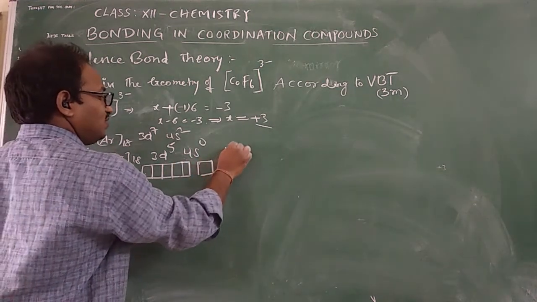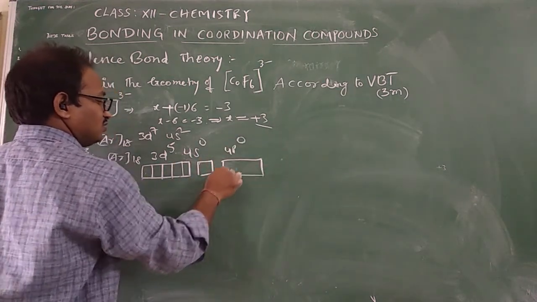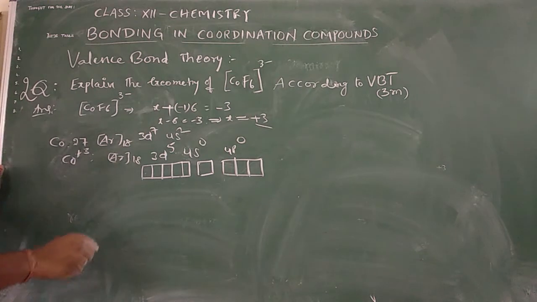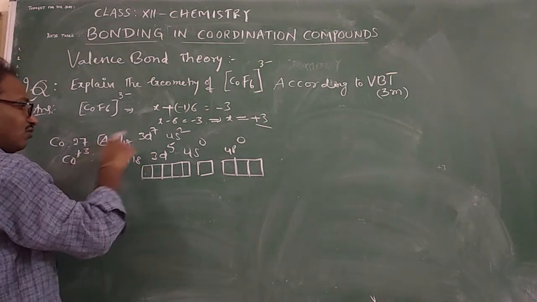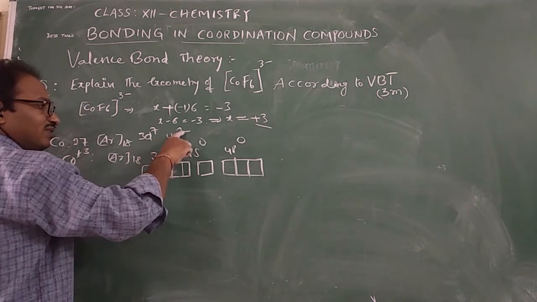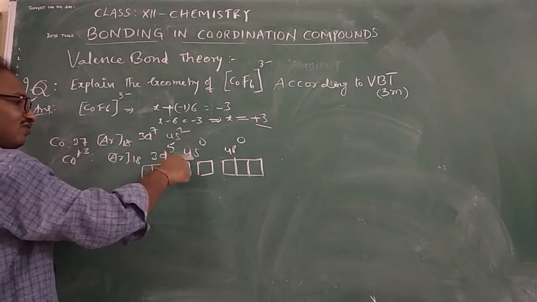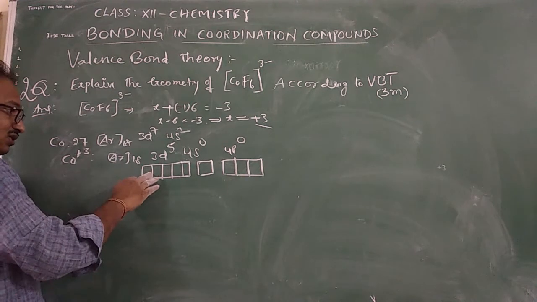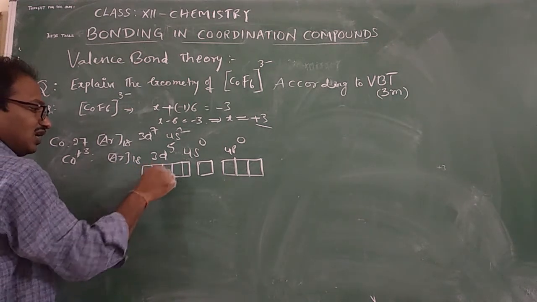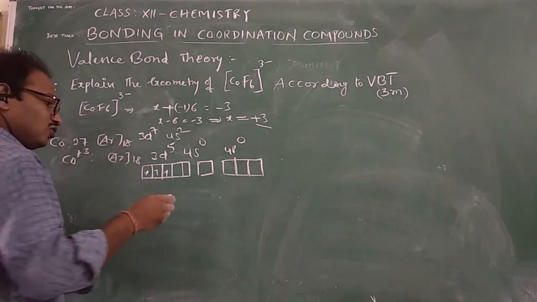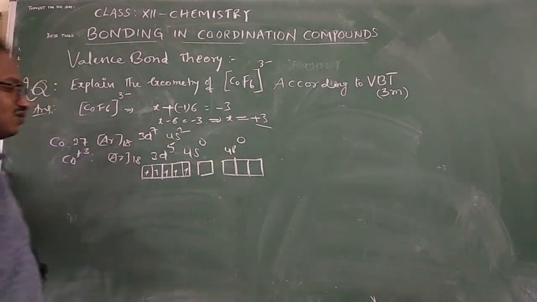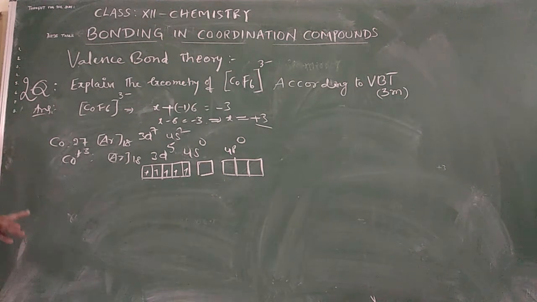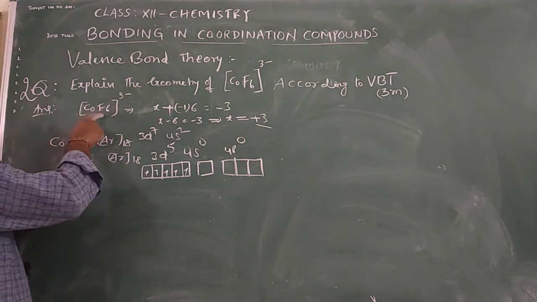Let me write 4p also. Now I am following Hund's rule of multiplicity: 3d6, 4s0, 4p0.